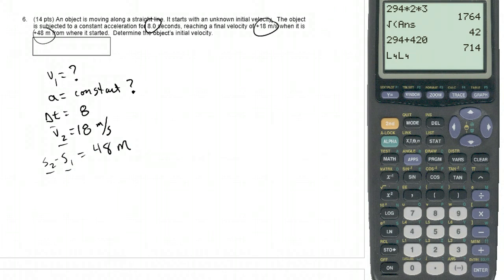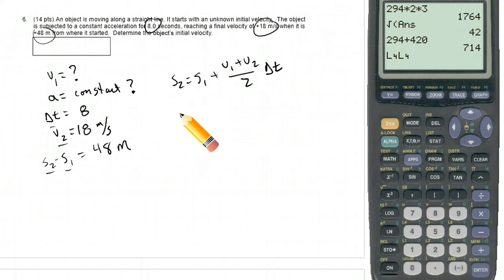So let's find a constant acceleration equation that has V1 and these values in it, so it does not have A. That equation was S2 is equal to S1 plus V1 plus V2 over 2 delta t. Okay, our average velocity equation. Again, this is a constant acceleration equation. Acceleration is not 0, but we don't need to explicitly know it to work this.